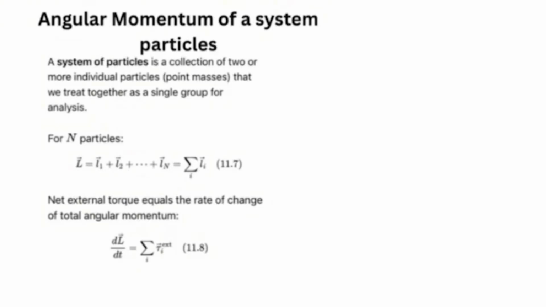Now for a system of particles, a collection of point masses, the total angular momentum of the system is simply the vector sum of the individual angular momenta.